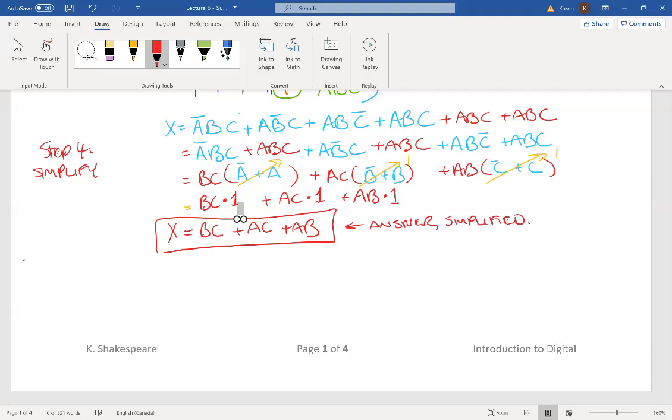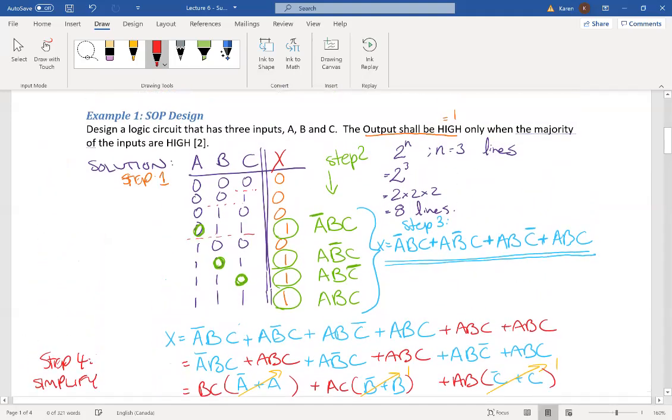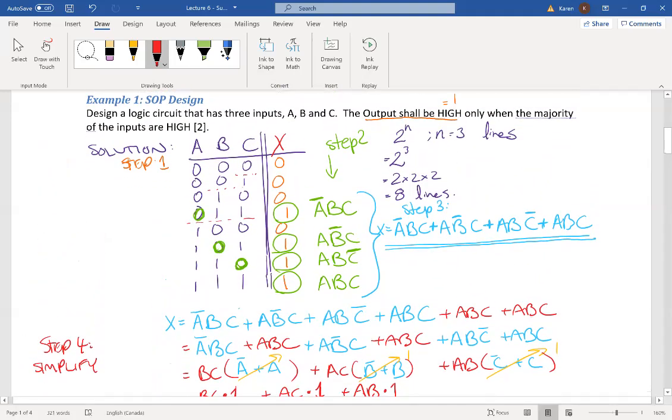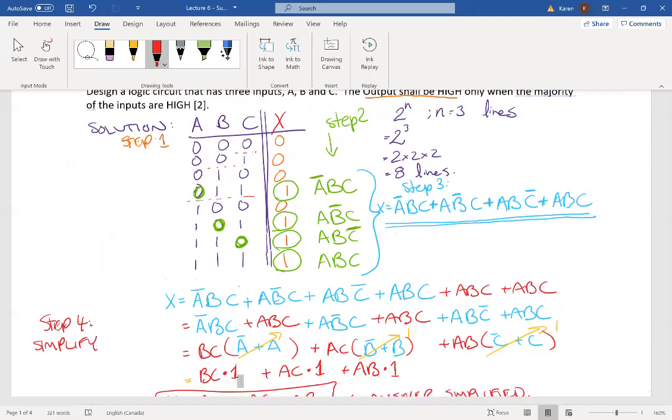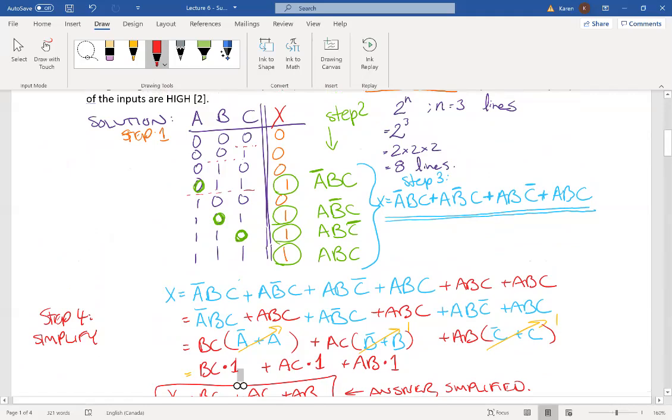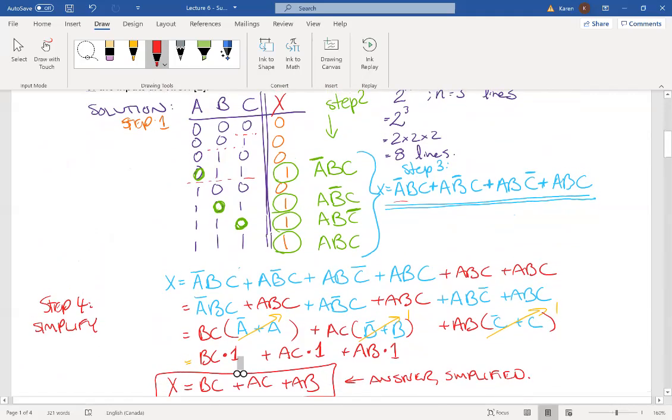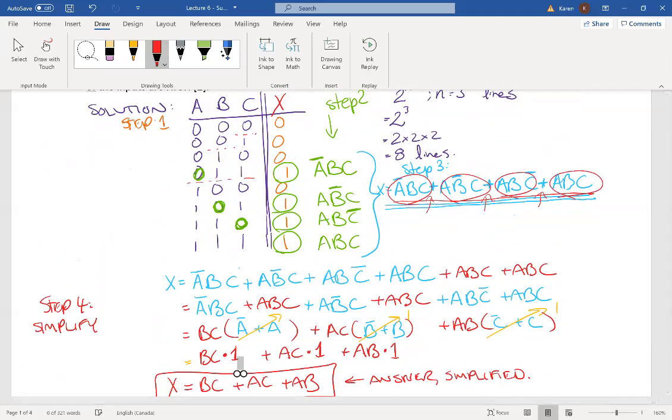So what have we done here? We've taken the description saying output is high only when the majority of inputs are high. We were able to generate this truth table. From this truth table, we were able to say, well, this is a Boolean expression that governs the truth table. I was easily able to come up with that by doing sum of products forms, which just means that I sum up the products that I took from the truth table where the outputs are 1.